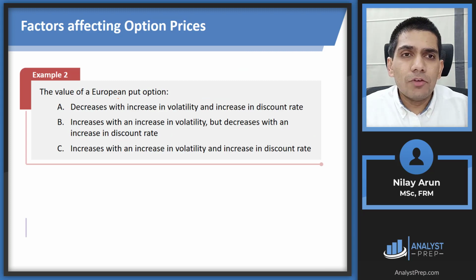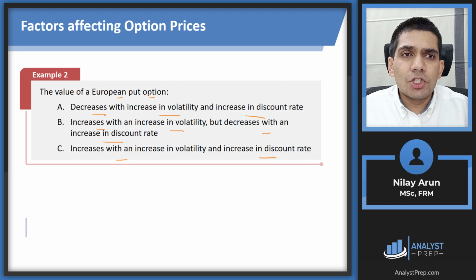Now the value of a European put option decreases with an increase in volatility and increase in discount rate, or it increases with an increase in volatility but decreases with an increase in discount rate, or does it increase with an increase in volatility and an increase in discount rate? So we are talking specifically about a European put option.